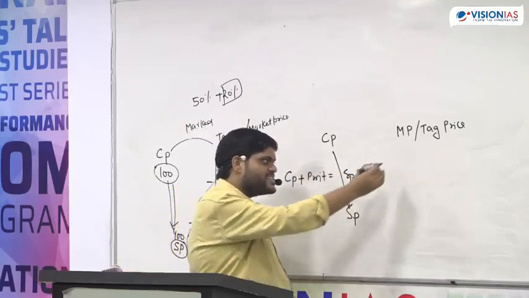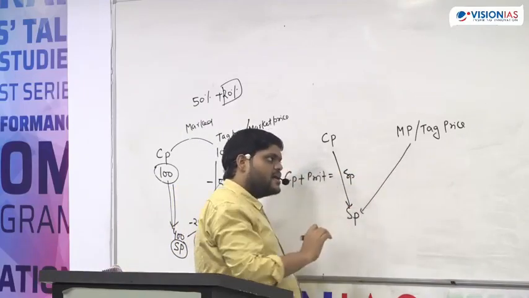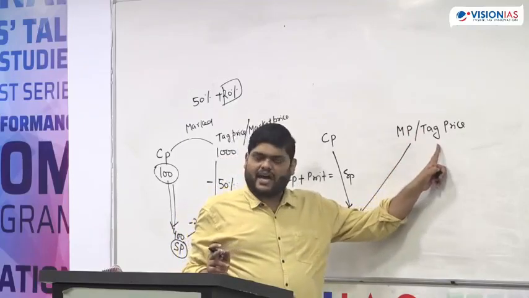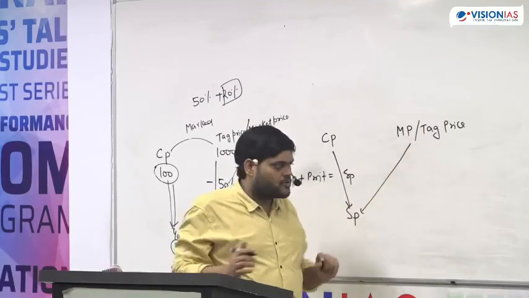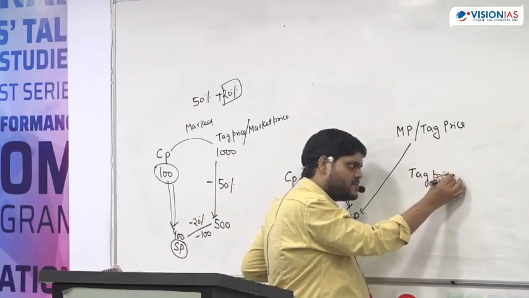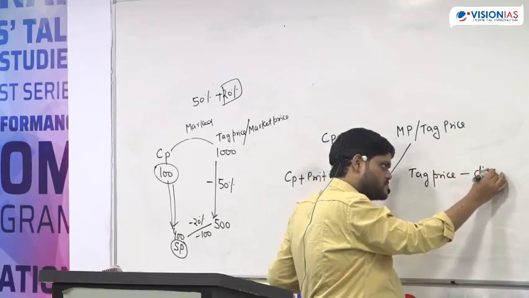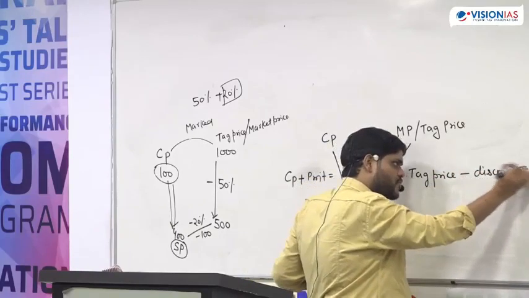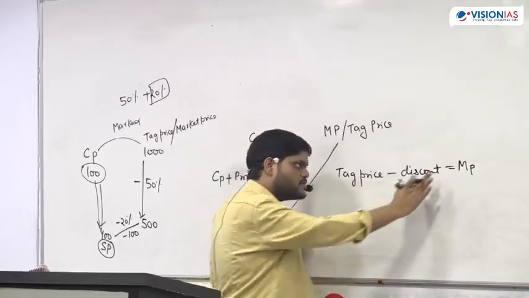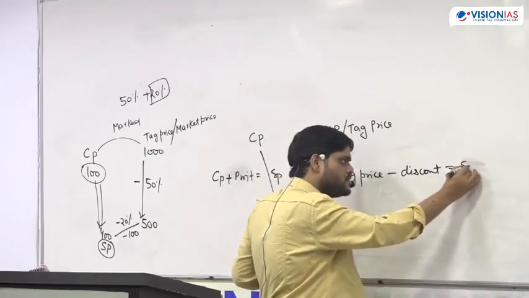And what is the relationship between MP and SP? Because we are decreasing something in tag price, because we are giving the discount. So we can say that tag price minus discount is equal to SP.